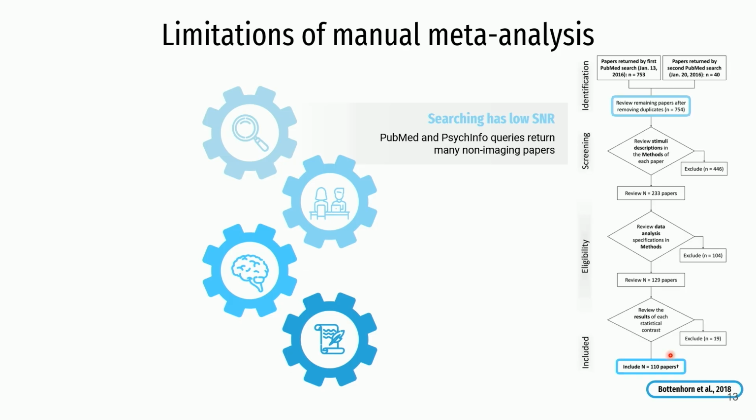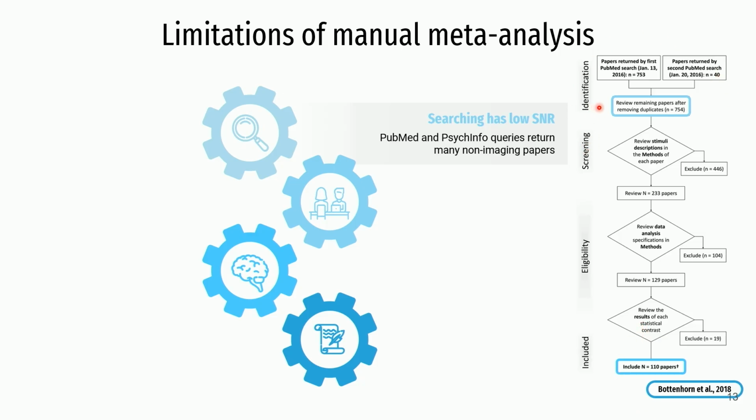So when you're doing your literature search, you're often going to get hundreds of studies from PubMed or PsycInfo. And that initial search, it's going to include a lot of studies that may or may not be human-related. They may not even be imaging studies. And so, for example, here's a PRISMA table from Bottenhorn et al. 2018.